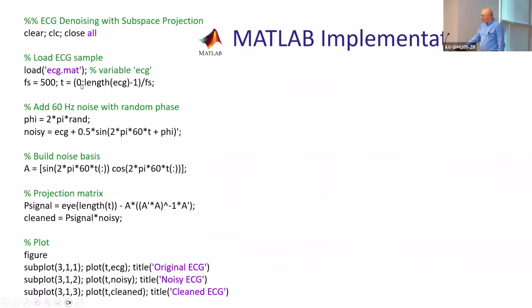All right, so you have the time vector, you have the sampling frequency, you have the ECG signal, which is that ECG variable, which has all of these values of jumping pulses from cardiology. And then we add some random angle to our line noise. We choose some random variable here, some number between 0 and 1, and multiply that by 2 pi, so it could be any random phase from 0 to 2 pi.